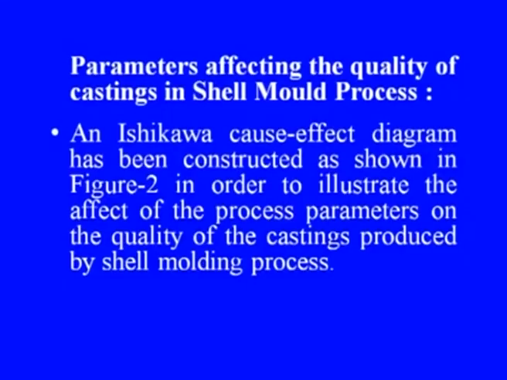Now, let us also see the parameters affecting the quality of casting in cell molding process. An Ishikawa cause effect diagram has been constructed as shown in the next figure in order to illustrate the effect of the process parameters on the quality of the casting produced by cell molding process.